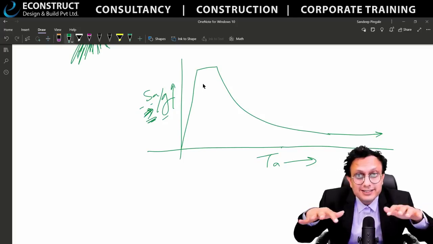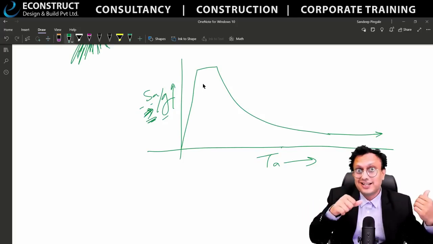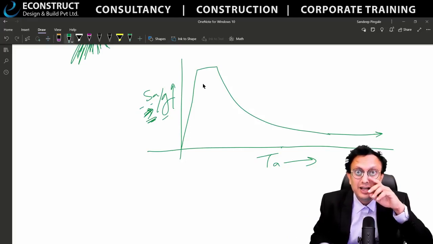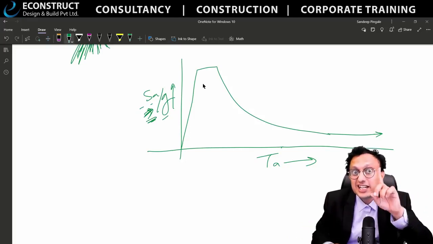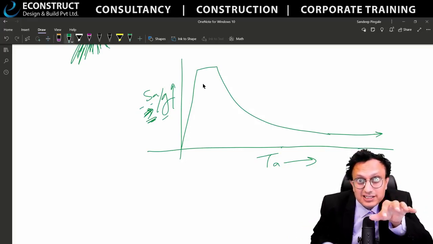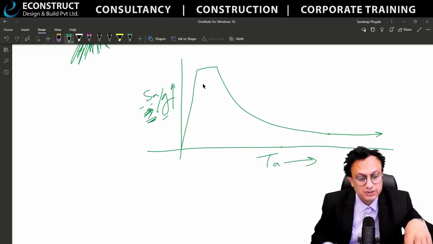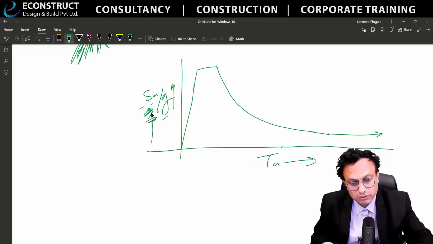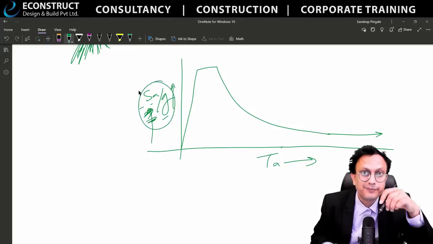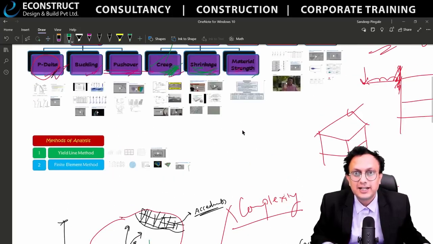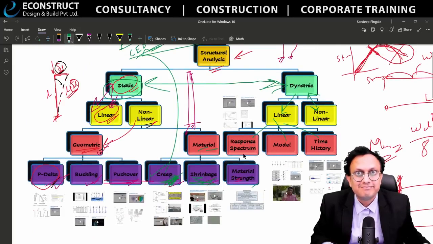Everybody is experiencing some kind of atmosphere, and this guy is experiencing something more. That's what it is. Every building is experiencing the gravity, but a certain part of the earth is experiencing a little bit more. How much more is the earthquake force? How much more is the Sa by g? So this is basically the response spectrum.